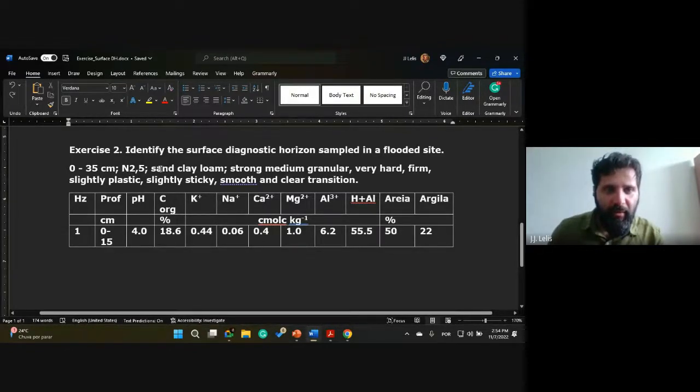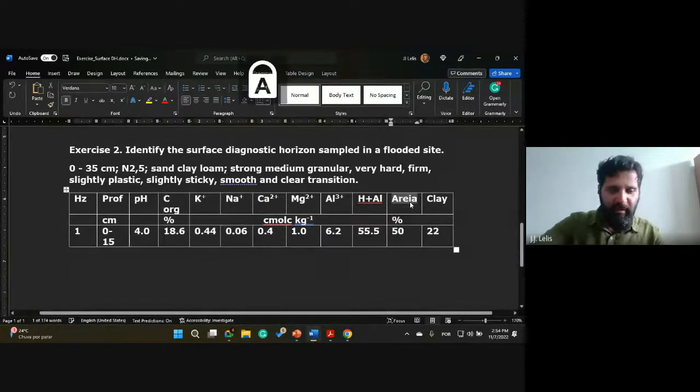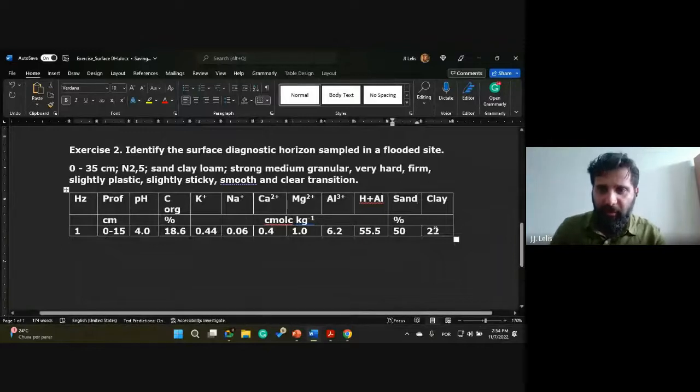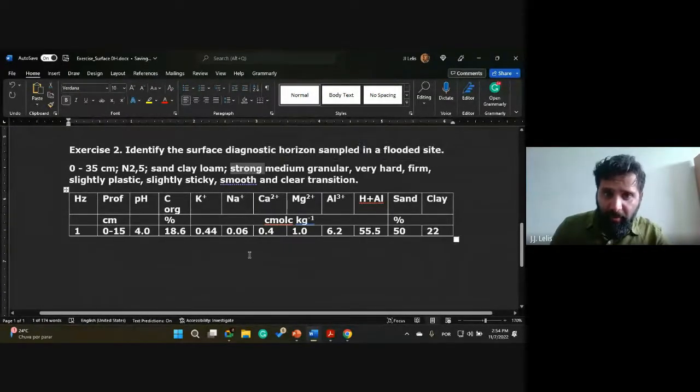a content of clay that's not too high. Oh, I forgot to translate this, but this is sand and this is clay, I'm sorry. But we have a sandy clay loam texture. Structure is strong, so we have a strong grade.